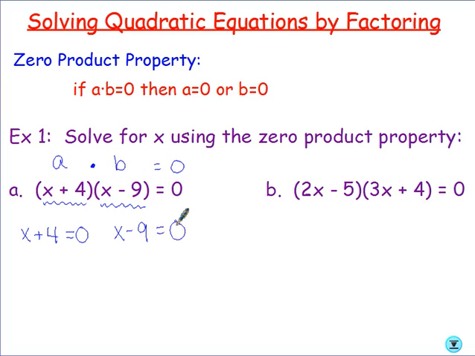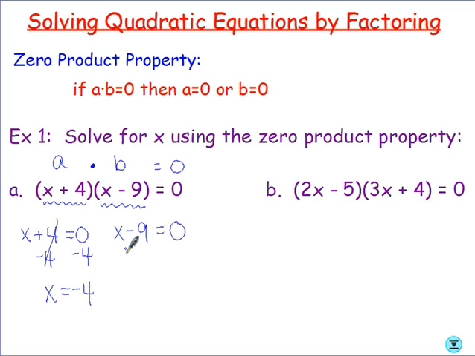Now that we've used the zero product property to rewrite it, now we have two very simple equations to solve. If I asked you, how do I solve for x here, you would tell me I need to move the 4 by subtracting. And those would cancel. You would be left with x equals 0 take away 4, which is negative 4.